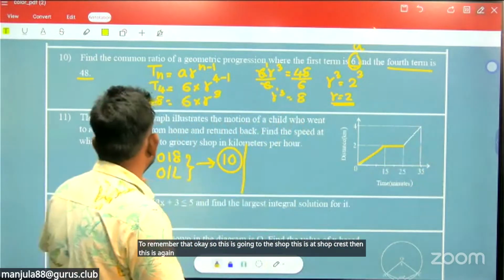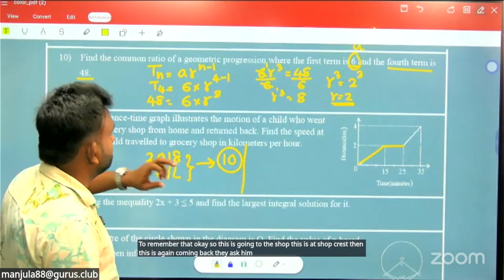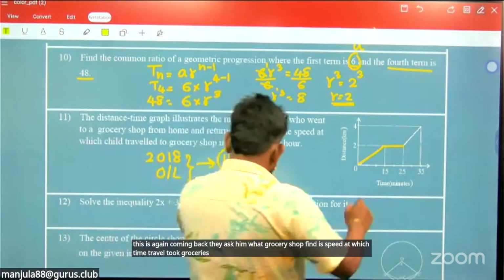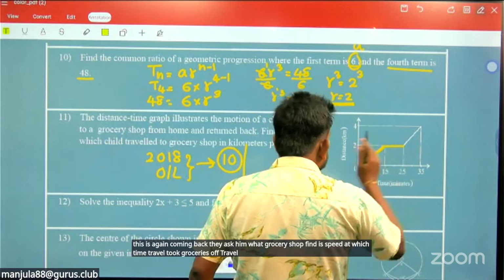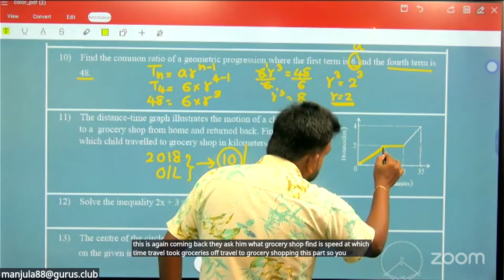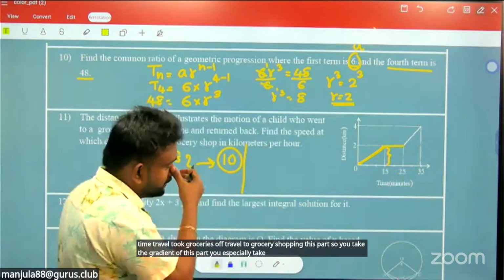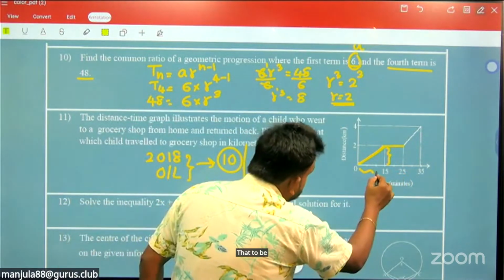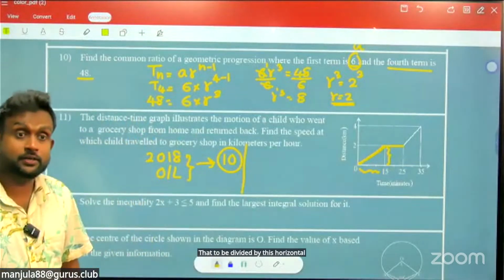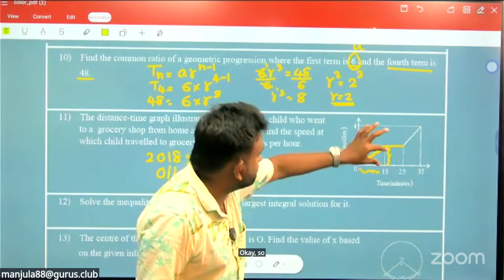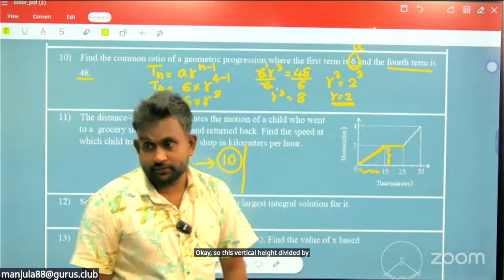coming back. They ask: find the speed at which the child travels to the grocery shop. To travel to the grocery shop in this part, you take the gradient of this part: this vertical height divided by this horizontal length is the speed.